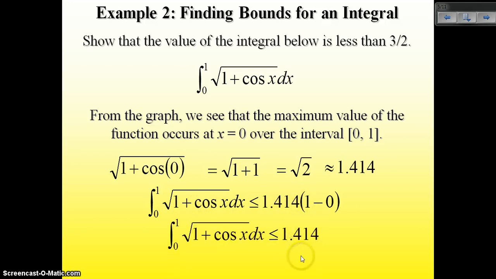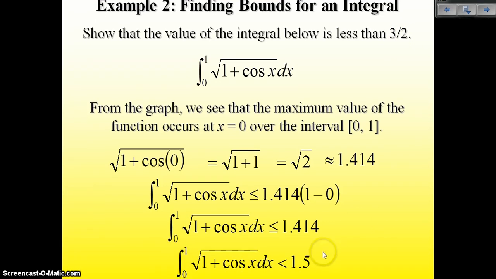Well, 1 minus 0 is 1, and 1 times 1.414 is 1.414. And remember, we wanted to show that it was less than 3/2, and 3/2 is 1.5. Move the screen down here. And you see that we've actually shown that not only is it less than 3/2, it's actually less than 1.4.